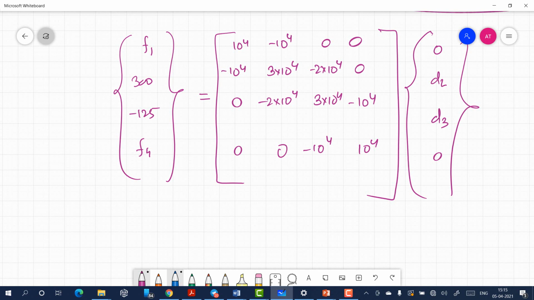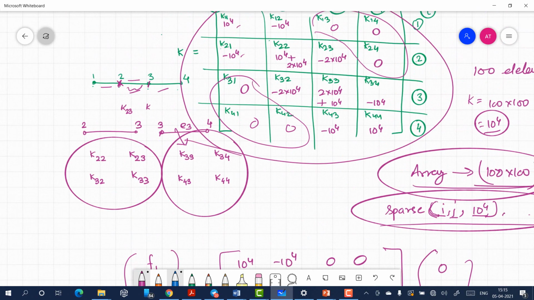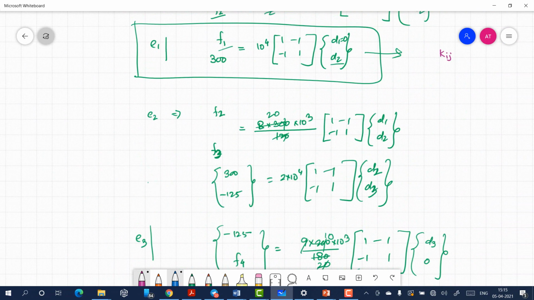So for instance, if you do not know any of the values of forces, let us assume a situation where we do not know the values of F2, F3, F4. We don't know all this, but we know the values here. So we have minus 0.02, and minus 0.02 will be compressive. So let us put it 0.1, and then minus 0.2. But the stiffness of the second bar is higher.